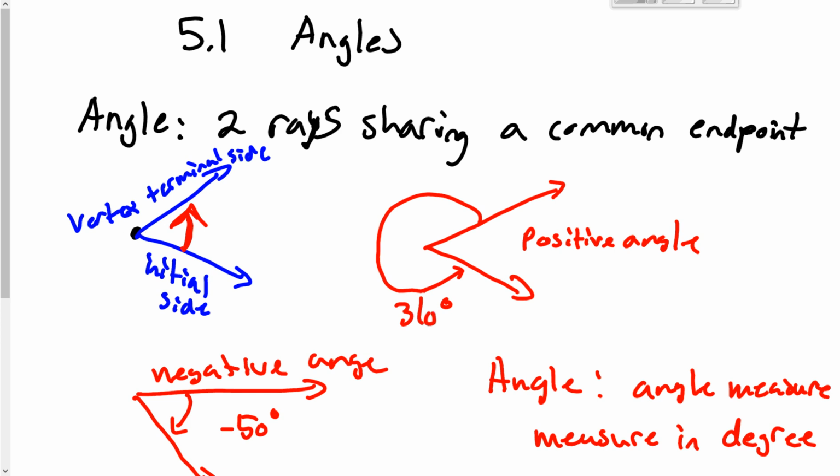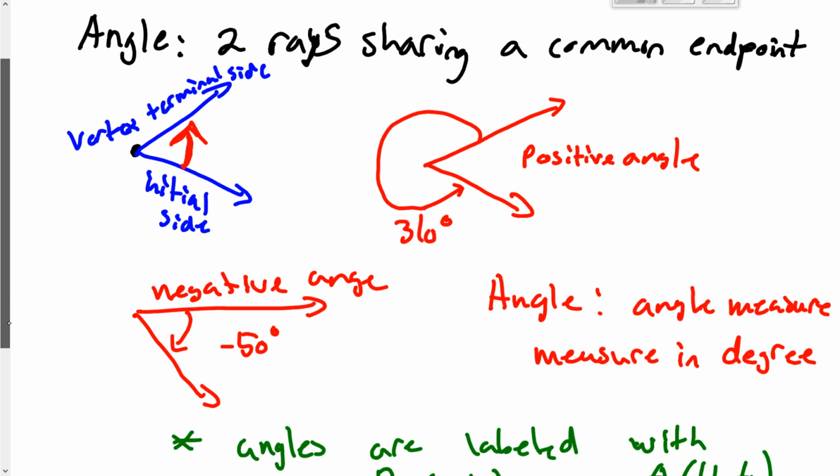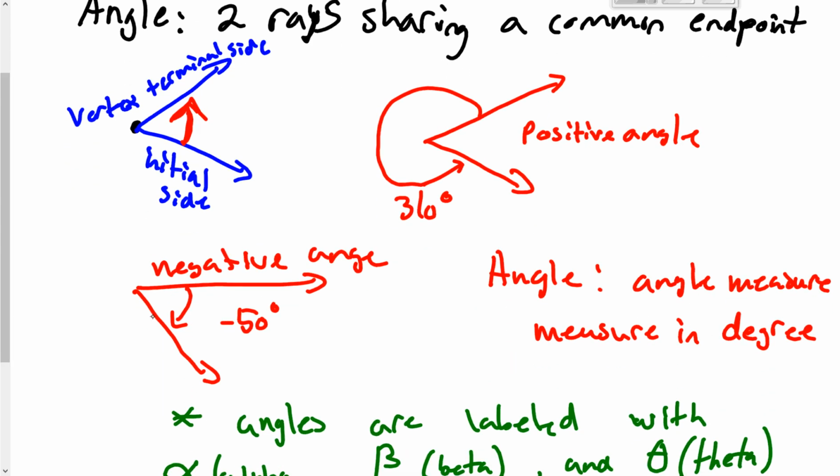Positive angles open counterclockwise, where negative angles open down, so they open clockwise. Okay, so that's the main terminology of trigonometry. Now we can get into talking a little bit about measures and degree measures.